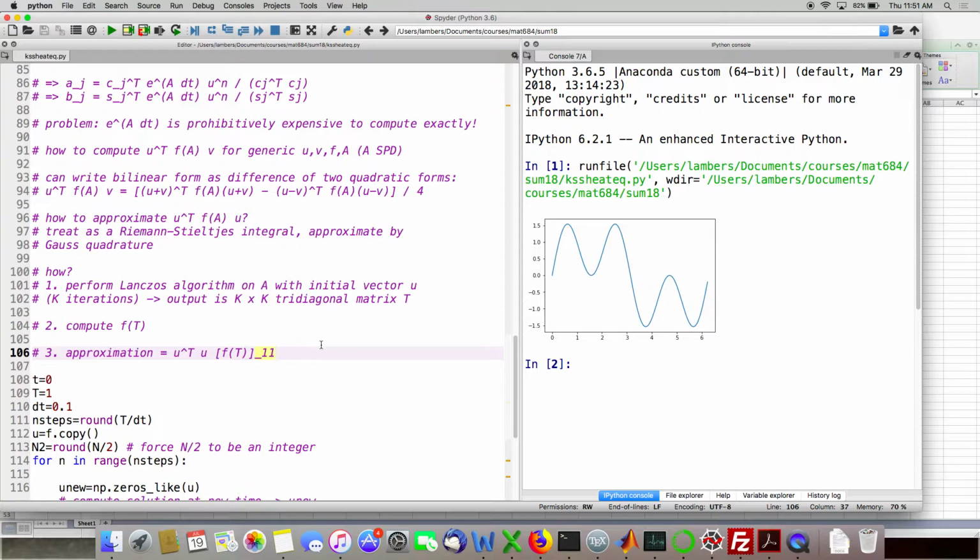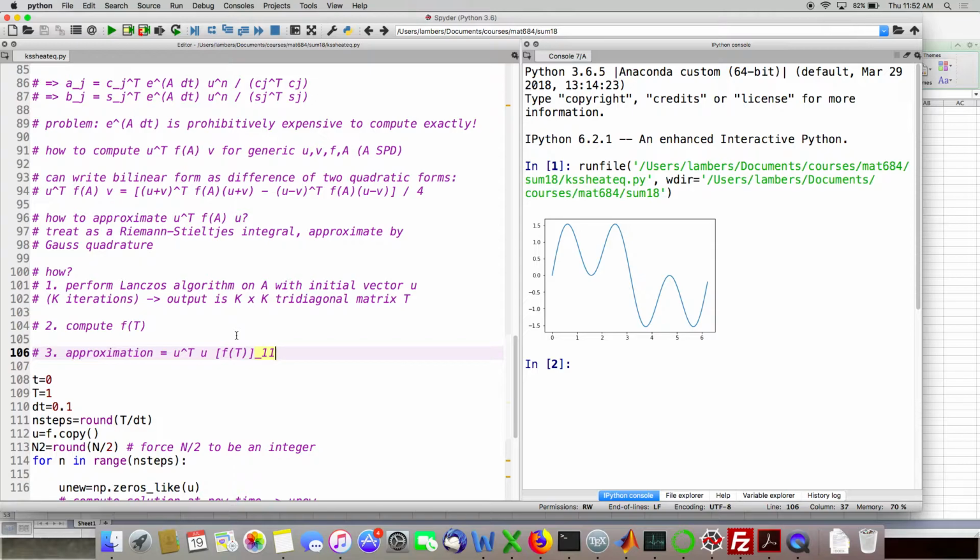As for why it works that way, I would refer you to Golub and Meurant's papers. Also, all of these resources are on my Math 685 site. A ton of work has been done in this area, including some papers of mine. So, in terms of code, this is what we need to do to compute each of these coefficients, AK and BK.